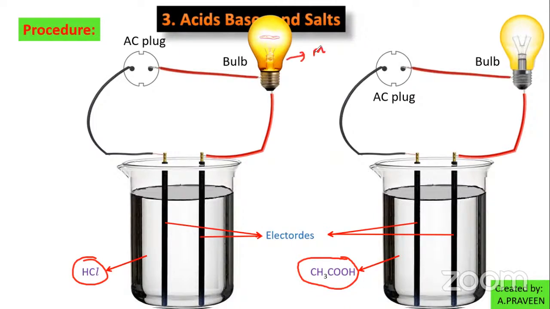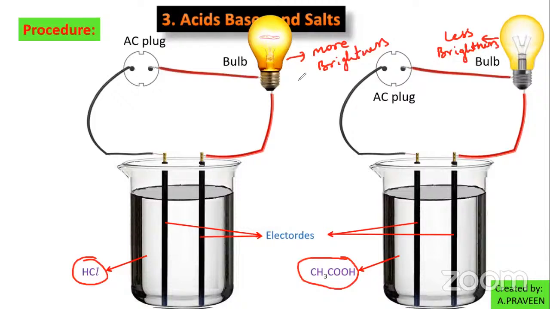With HCl the bulb gives more brightness, and acetic acid gives you less brightness.